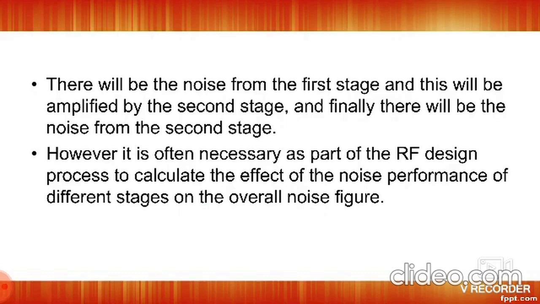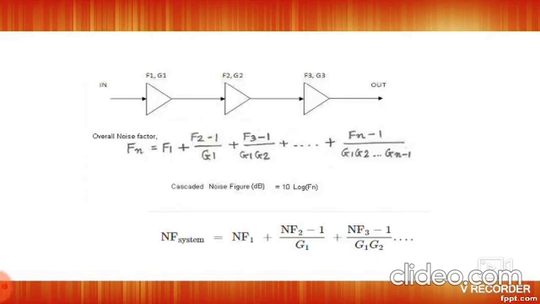In the RF system design process, we have to calculate the effect of the performance of different stages to calculate the overall noise performance of the system. So each individual system is calculated and then the overall performance is calculated.